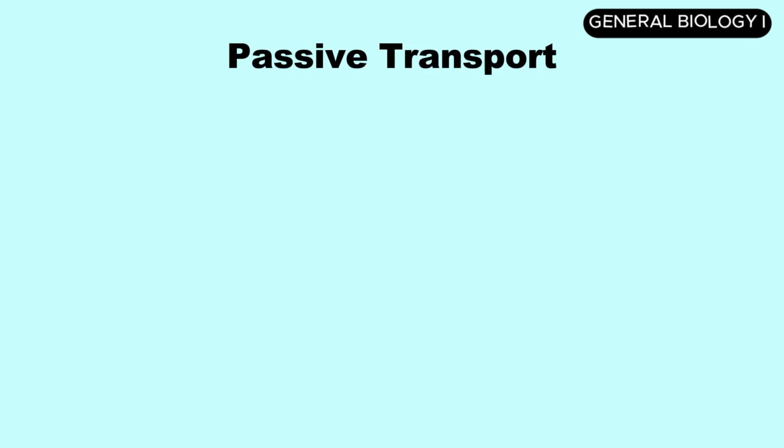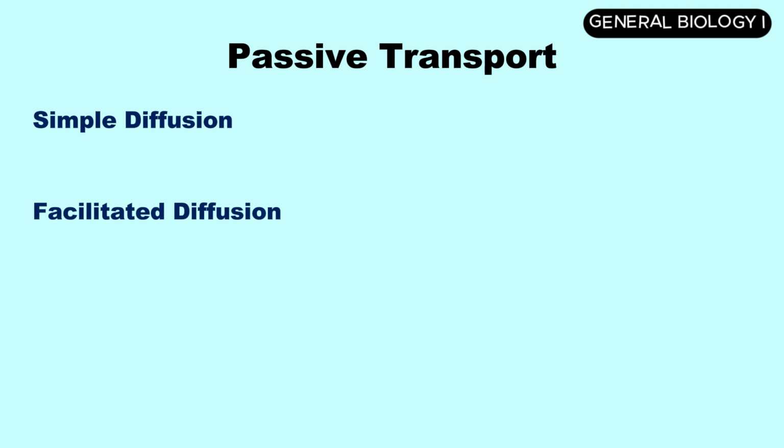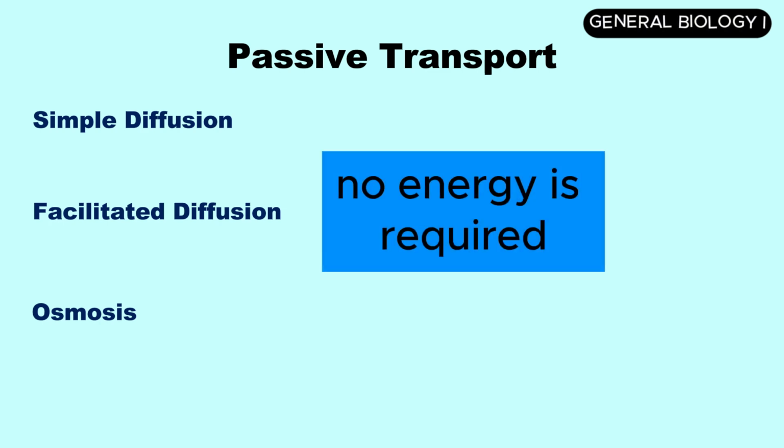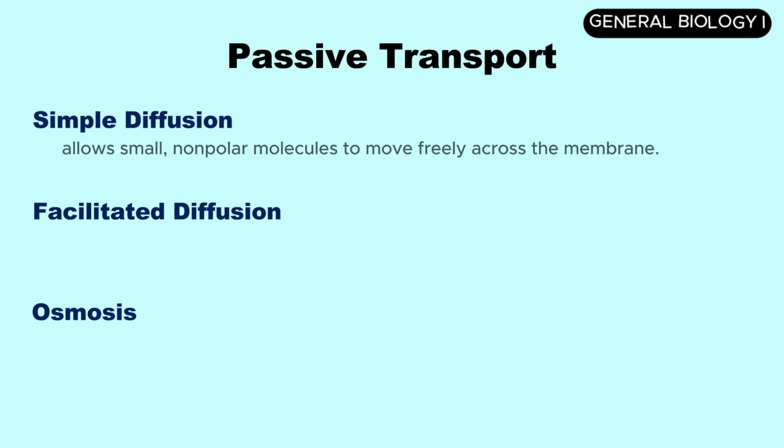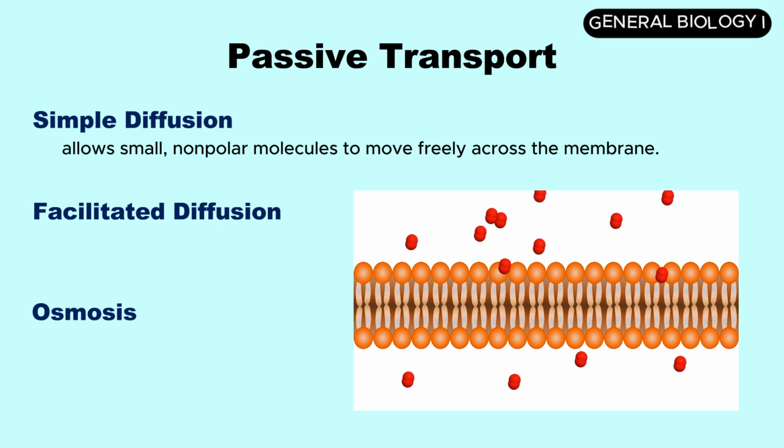All three processes, simple diffusion, facilitated diffusion, and osmosis, share a key characteristic. They are passive. This means no energy is required, and molecules move down their concentration gradients. Simple diffusion allows small, nonpolar molecules to move freely across the membrane.